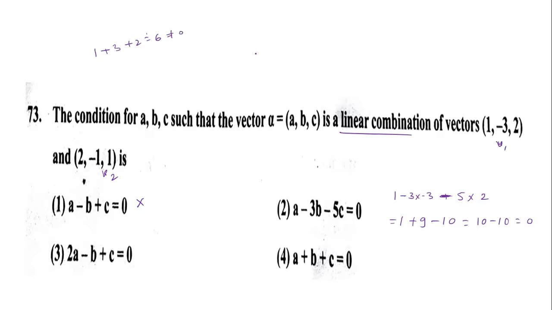Simple. In another way, take a linear combination and solve. That is also right. This is a shortcut. Option 2 is the right answer. This holds, no need to check other options. If you check other options also, you won't get 0. I checked already. That's why this is the right answer.